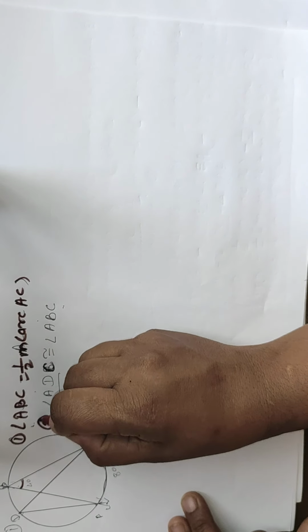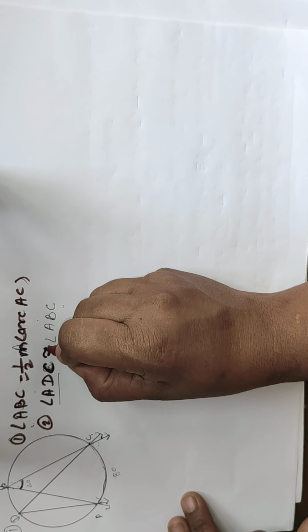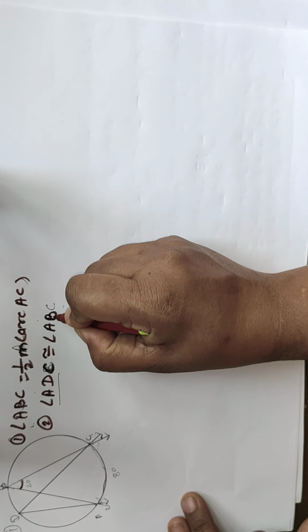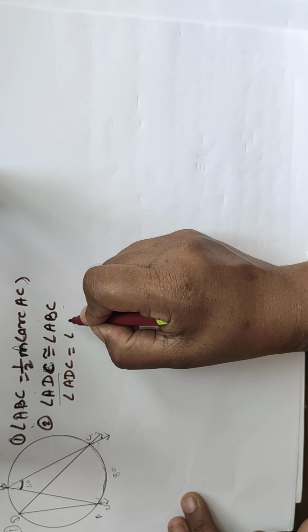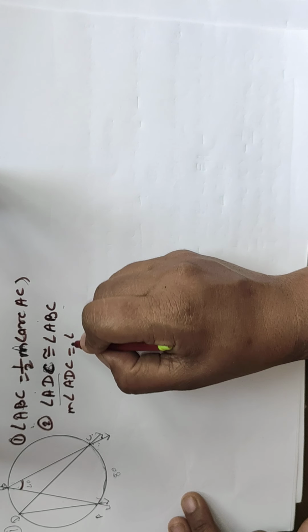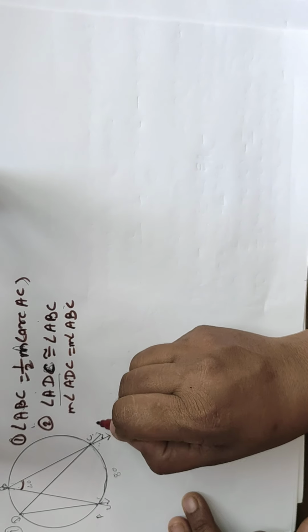Second, angle ADC is congruent to angle ABC. If they are congruent to each other, their measures are also the same: the measure of angle ADC is equal to the measure of angle ABC. That is the second thing we understand.